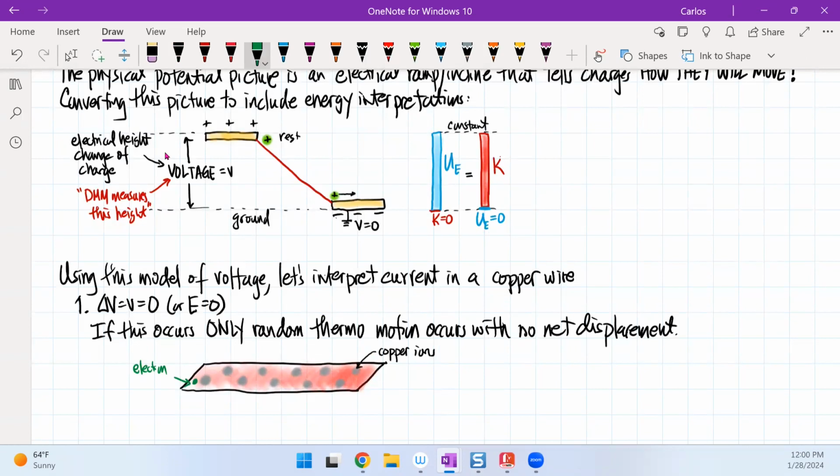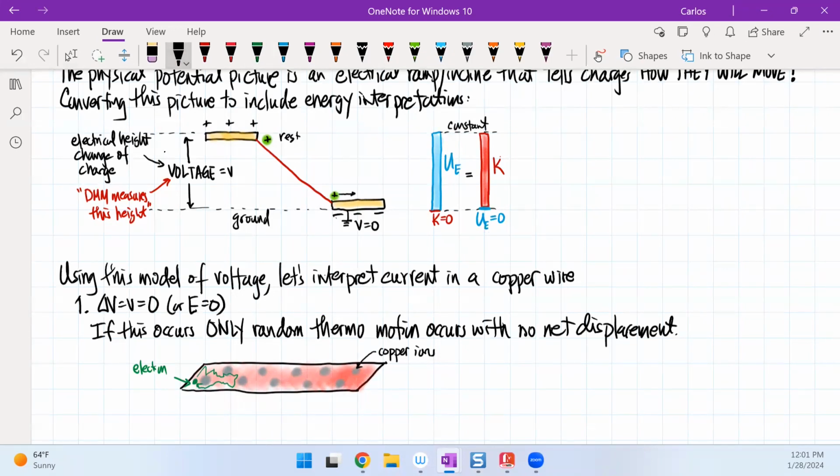So what happens to the electron? Well, if thermal motion occurs, then this is what's going to happen. There's going to be bounce, there's going to be something like this, and it comes back to its original spot. It's a flat surface.